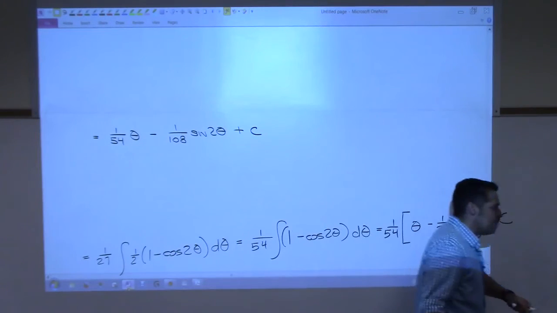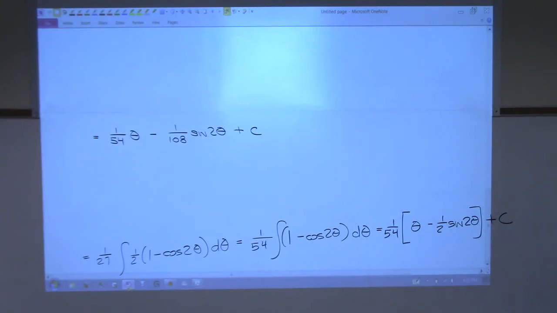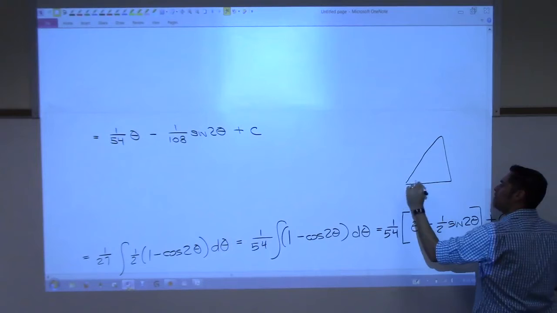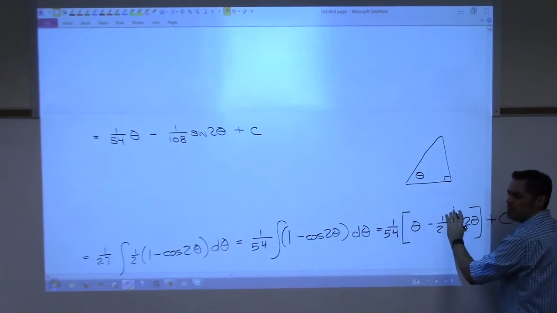All right, now I know we're coming to the end here. I know a lot of you are sitting there watching me going, I think I get this, I just need to go home and do my homework. And I agree with you. But this one is a little different, particularly because we have sine 2 theta. When we draw our triangle, it's based upon a triangle that has theta as the angle.